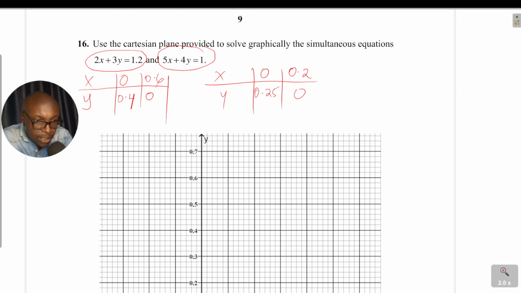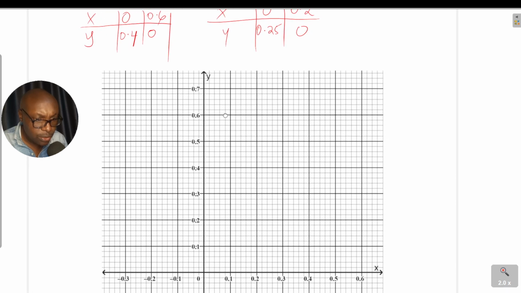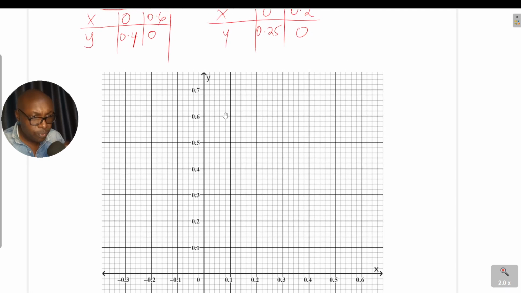After getting those points, let's go to the first line, 2x plus 3y is equal to 1.2. We plot those values. The first one is x is 0, y is 0.4, so (0, 0.4) will be there.